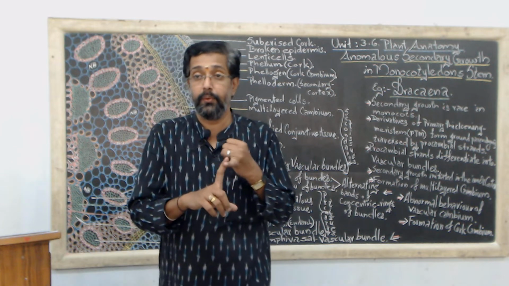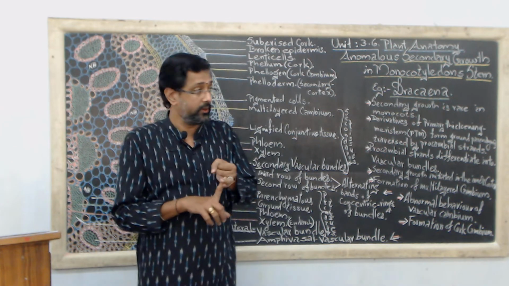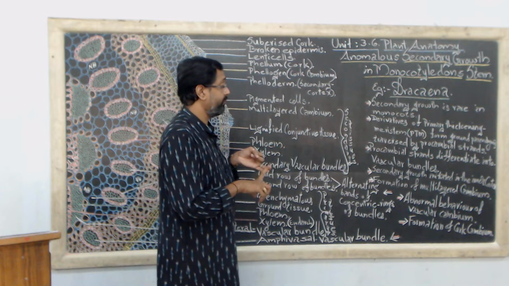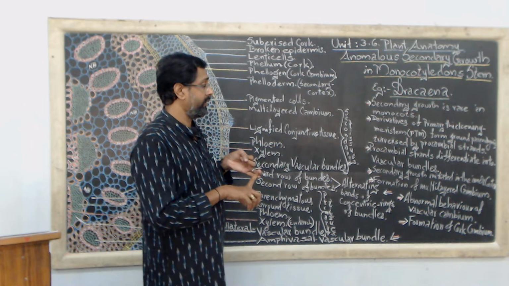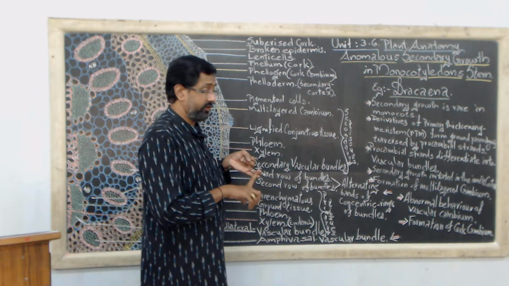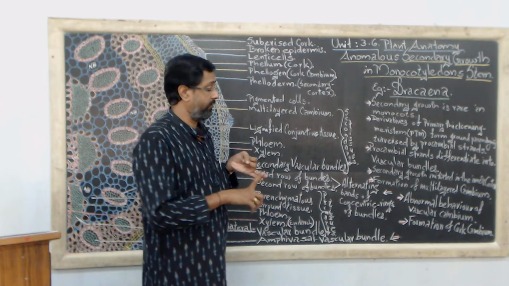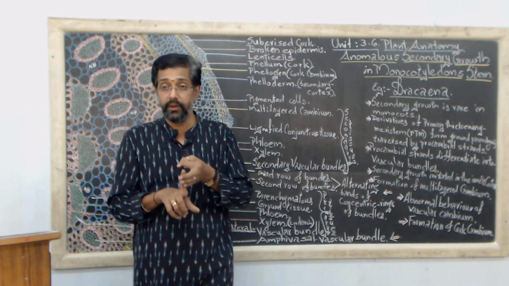And the second process, this primary thickening meristem is developed in the ground parenchyma, which differentiates to form the multilayered cambium.